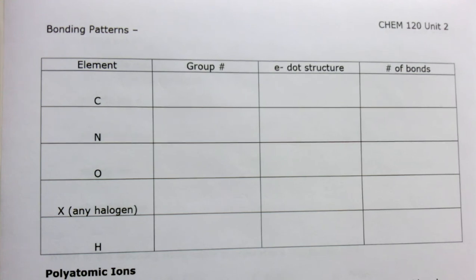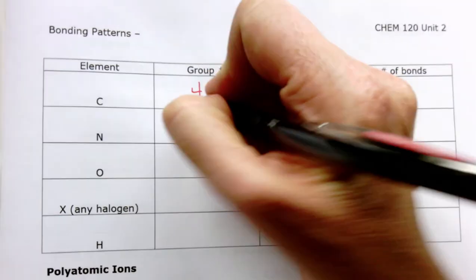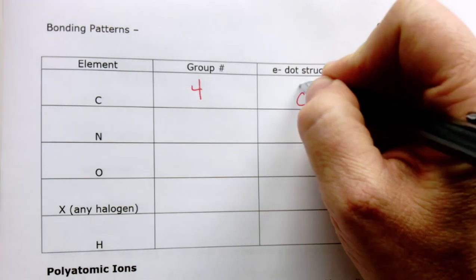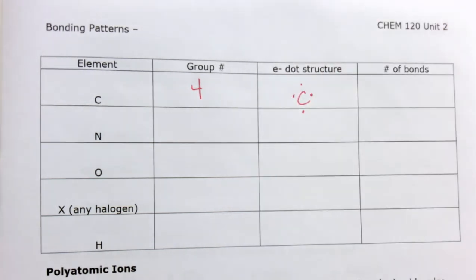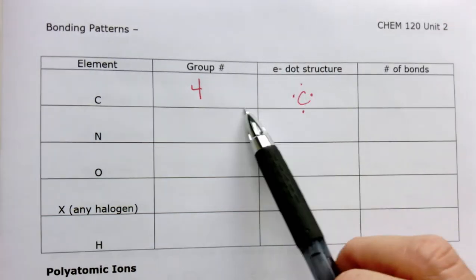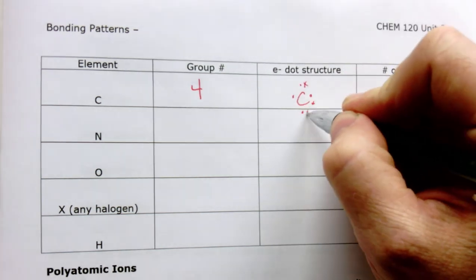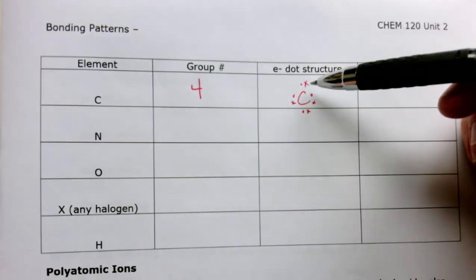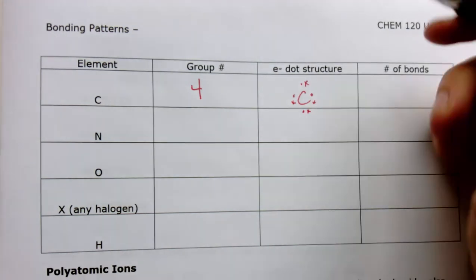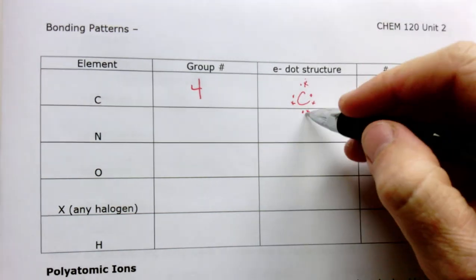So instead of kind of relearning this each time, if you kind of memorize these bonding patterns, it can be a great help to you. So carbon is in group 4. The electron dot structure looks like this. In order for carbon to get 8 electrons around it, these X's are the potential bonding. The number of bonds it would need would be 4. 1, 2, 3, 4.